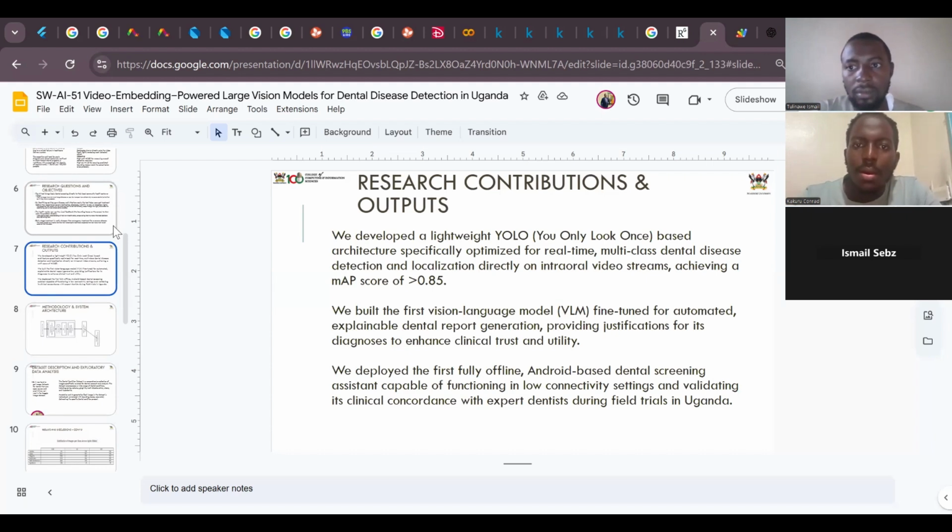There. The research outputs. We want to develop a lightweight model to detect multiple diseases in real time using video, achieving a mean average precision score of over 0.85.